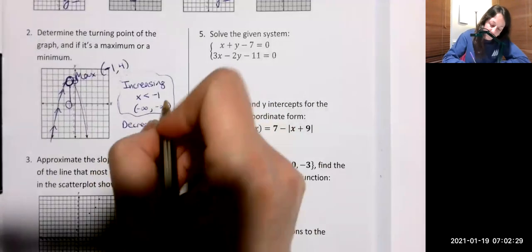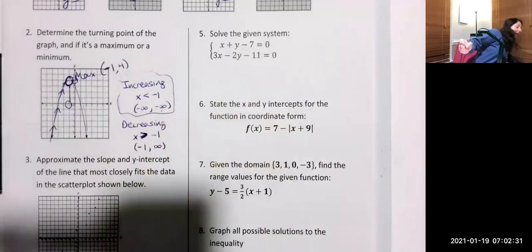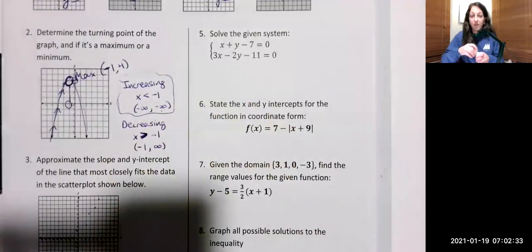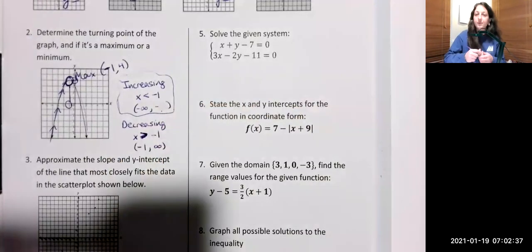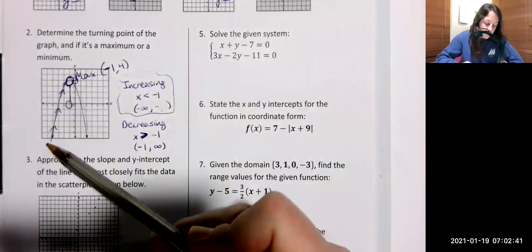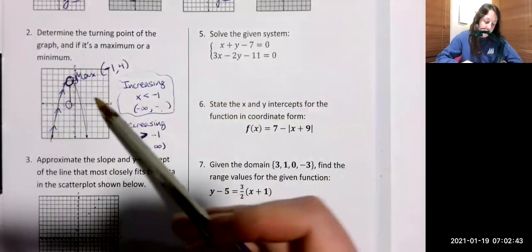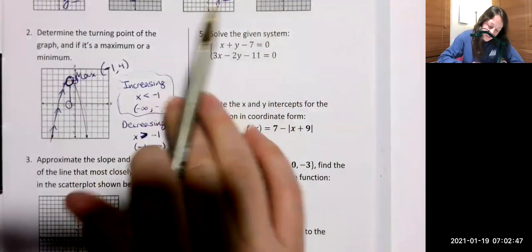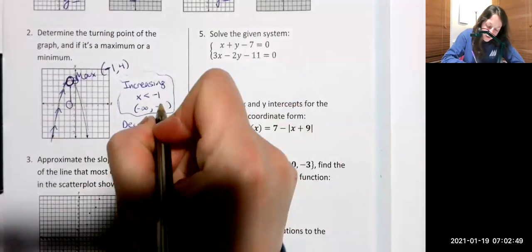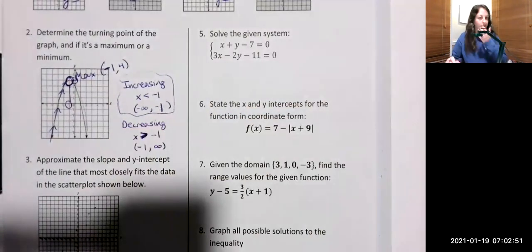That's supposed to be -∞ to -1, and I wrote -∞ twice. So if you're confused about that, I don't blame you. We are increasing on the left side and decreasing on the right side. Let me go ahead and fix this error here, -1.